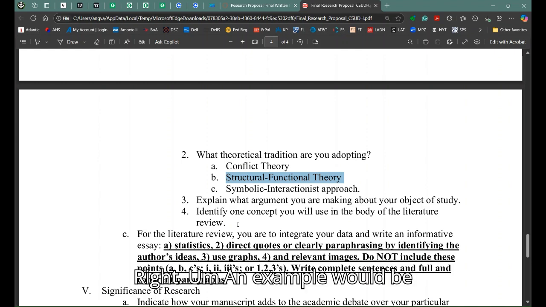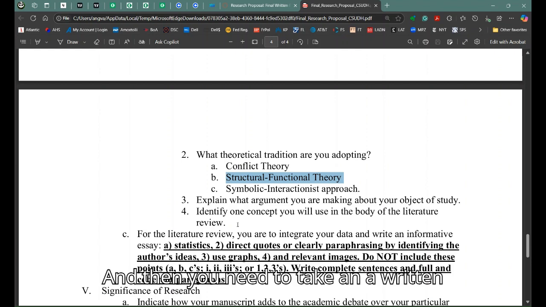Right. An example would be driving on the freeway, because even though we have our individual automobiles that we drive to and from work or to other locations around the city, all of us have to go to the DMV and read the DMV handbook, the rules and directions of how to drive a car safely. Right.